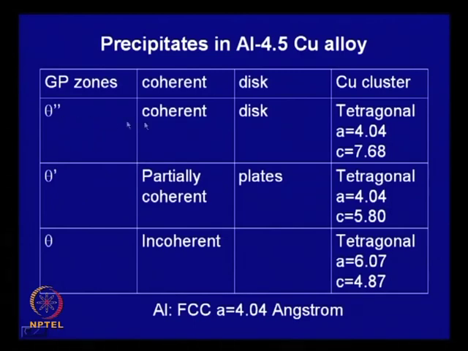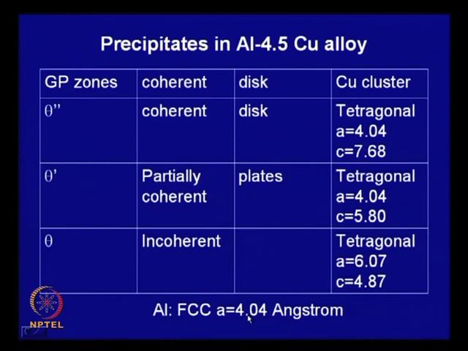Theta double prime is coherent. This has a tetragonal structure, and the lattice parameters are listed here, these are the values given in angstrom. Theta prime is partially coherent. Here this is also tetragonal, these are the lattice parameters, and the incoherent precipitate is tetragonal, and these are the lattice parameters.